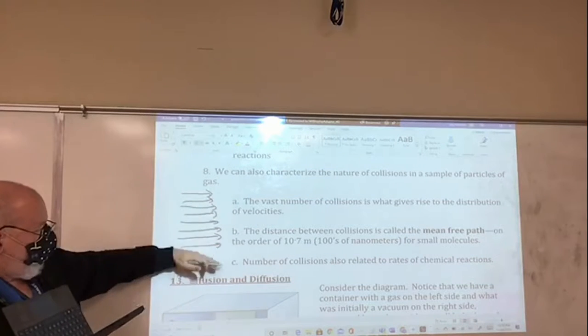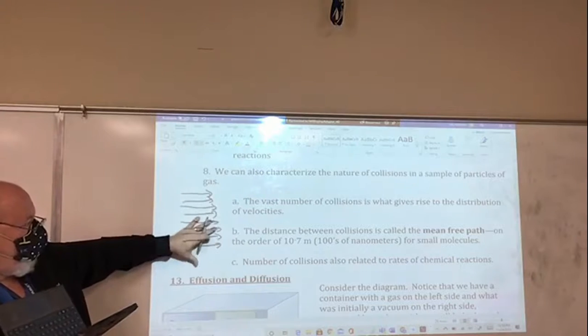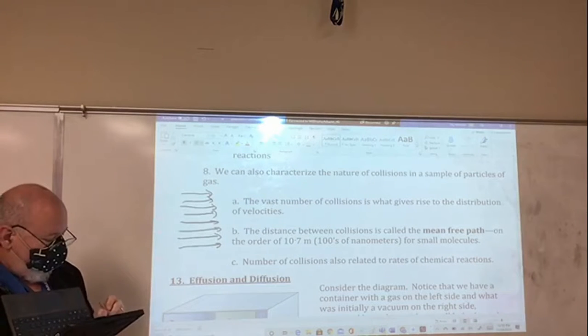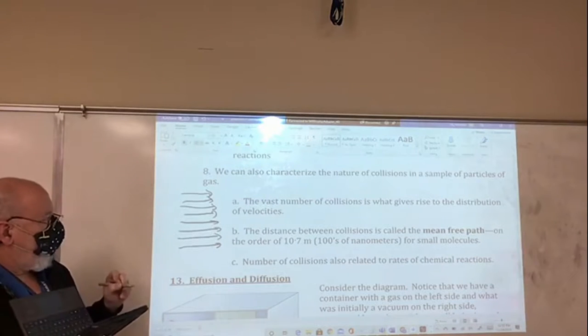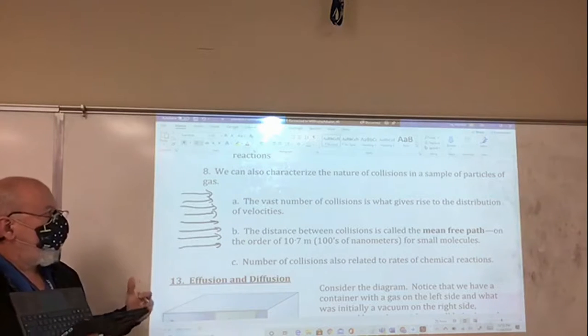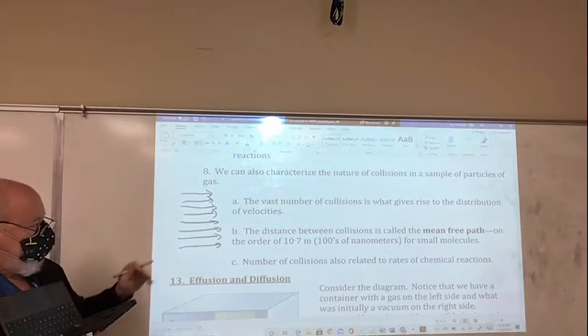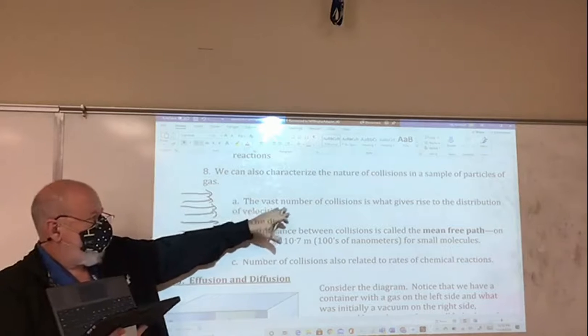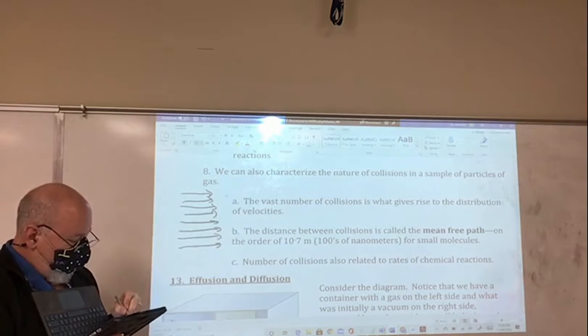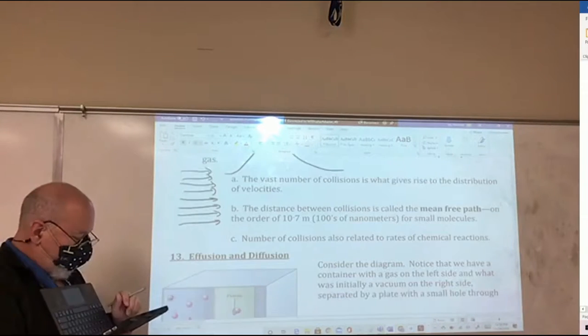They'd all just simply have the same velocity. But these particles are all smacking into each other, and as they smack into each other, their velocities change. And so the number of collisions is what gives rise to this vast number of velocities.